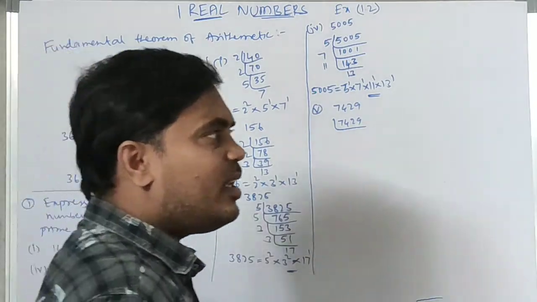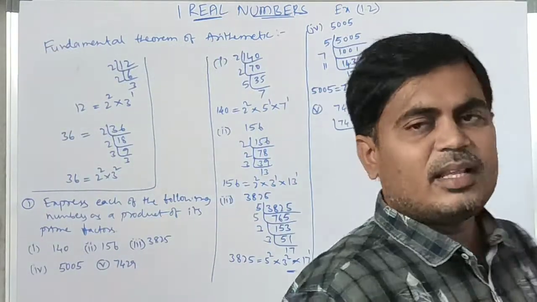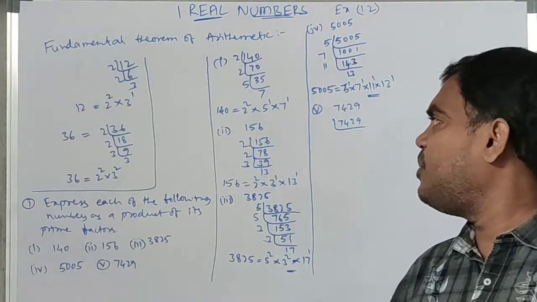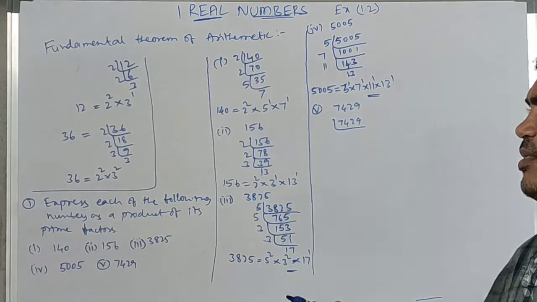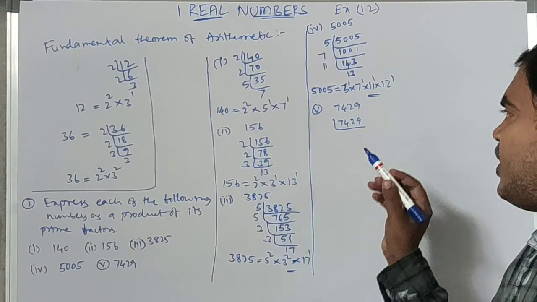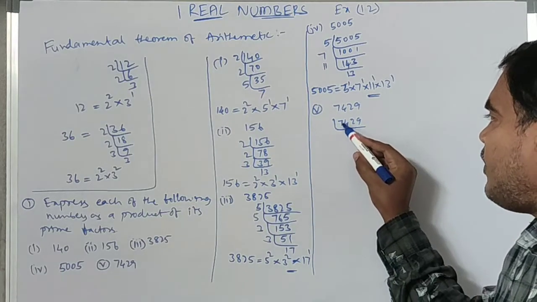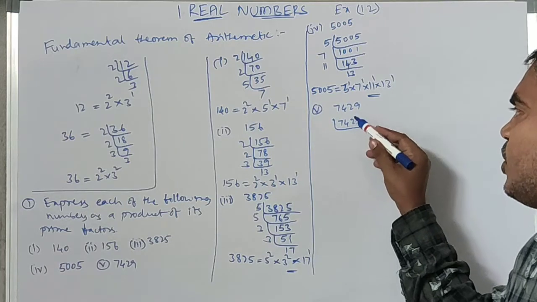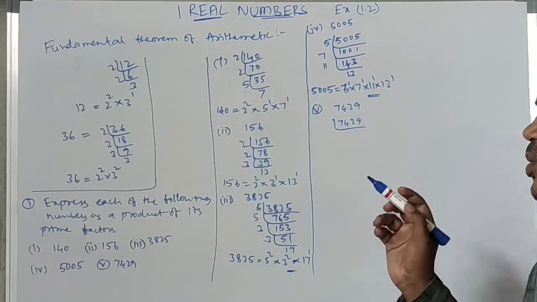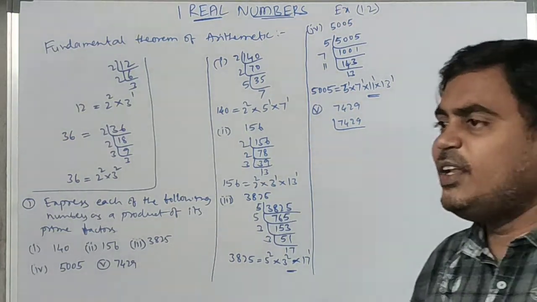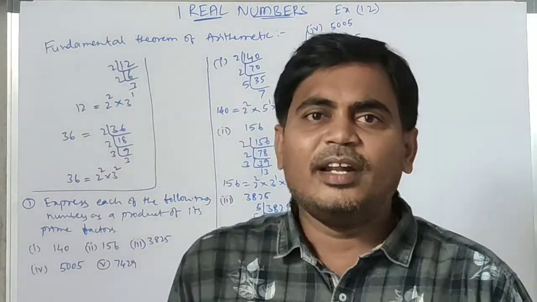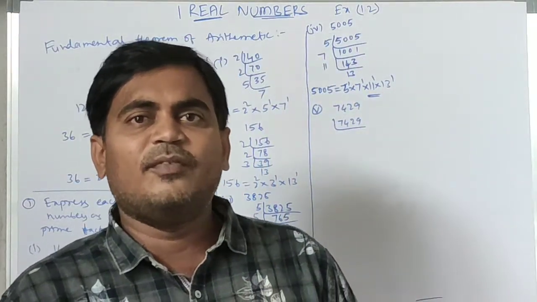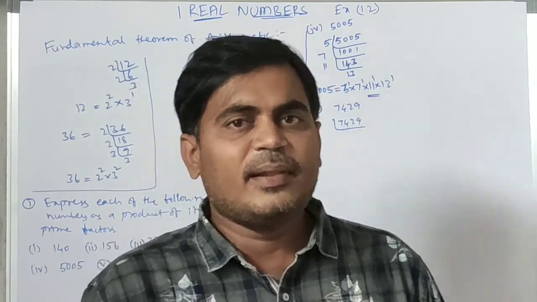After 7, the next prime number is 11. 11: 7 plus 2 is 9, and 4 plus 9 is 13. The difference is 2, so according to the divisibility principle of 11, it won't be divisible by 11.